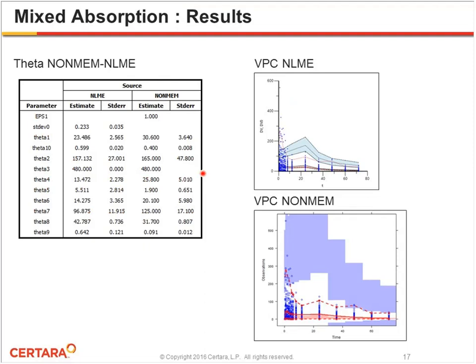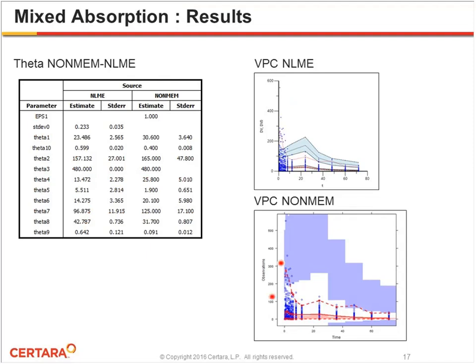So as a result, here we have the theta table, just for comparison. The numbers that you see here are similar, but not very close. In the previous session, we always had pretty close numbers. In this case, because of the difficulty of getting a good fit, these numbers vary a bit. And this is also reflected in the final VPC that we created from NLME and from NONMEM.